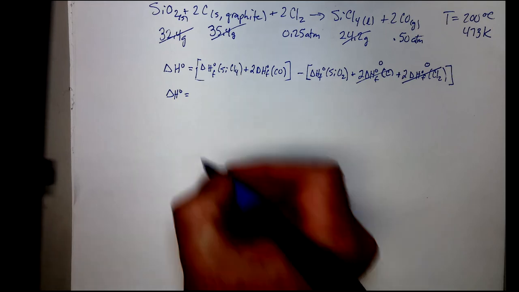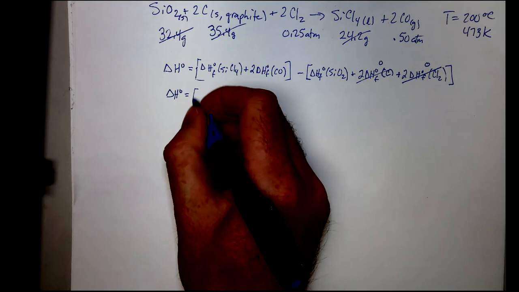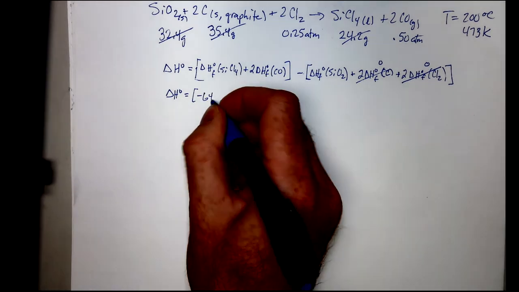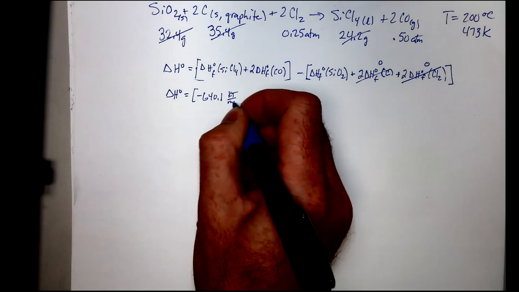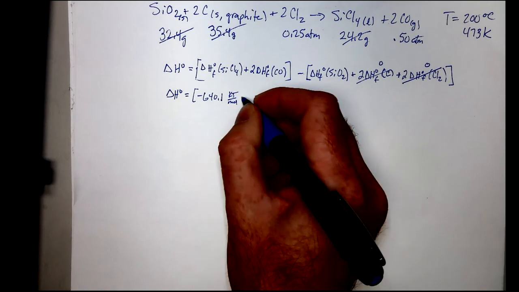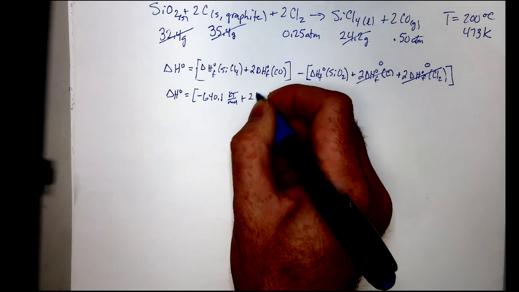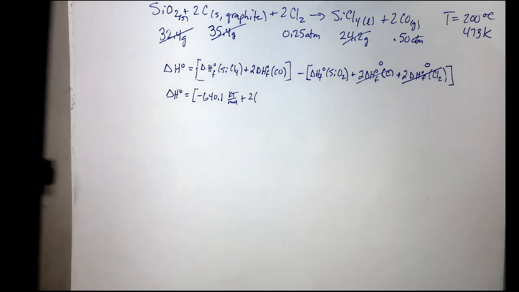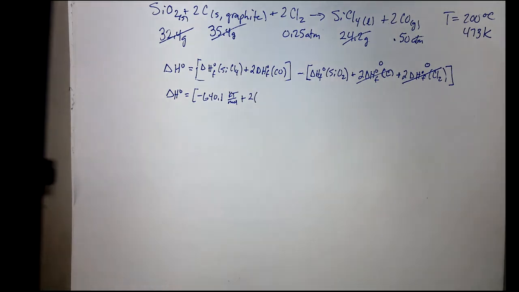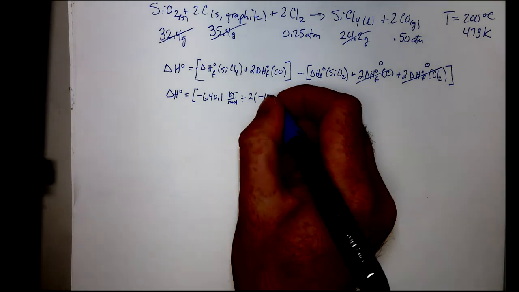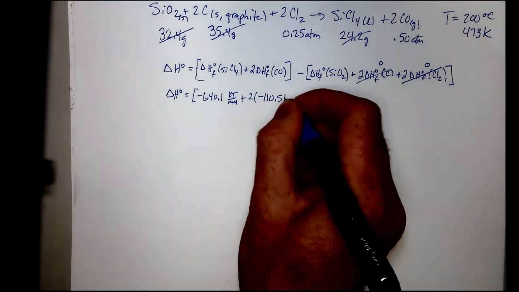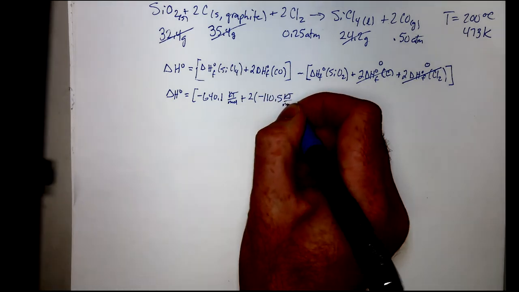And so that's going to be a negative 640.1 kilojoules per mole, plus 2 times carbon monoxide, a negative 110.5 kilojoules per mole.